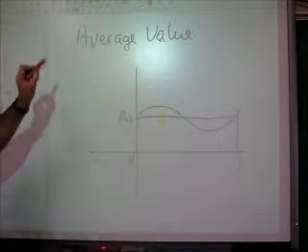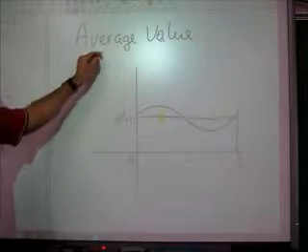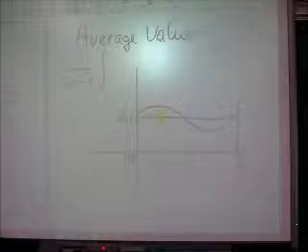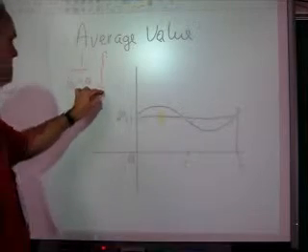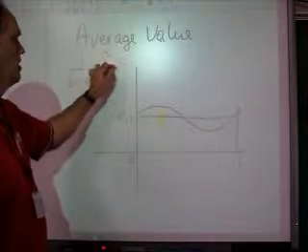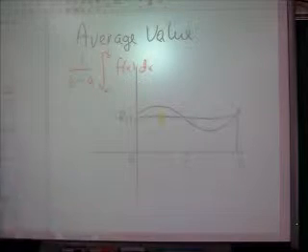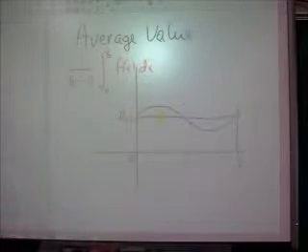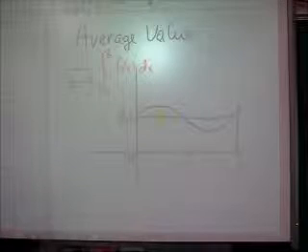So for this one, average value is 1 over b minus a times the antiderivative from a to b of f of x dx. So it incorporates that definite integral from a to b, but then also incorporates the endpoints, 1 over b minus a. It's called average value of the function.